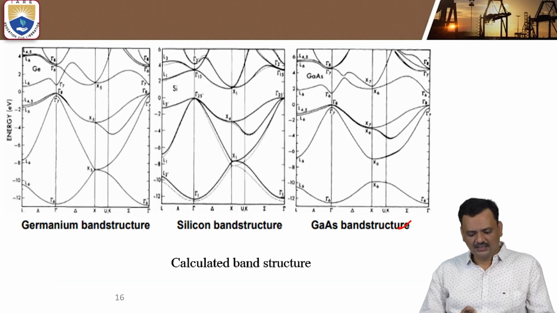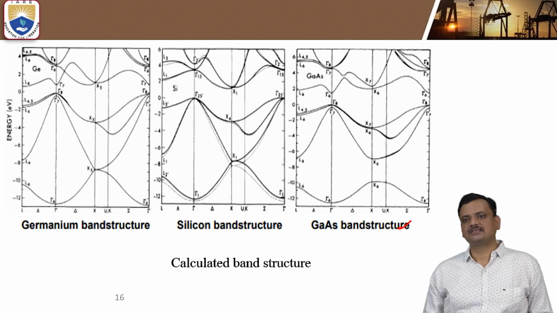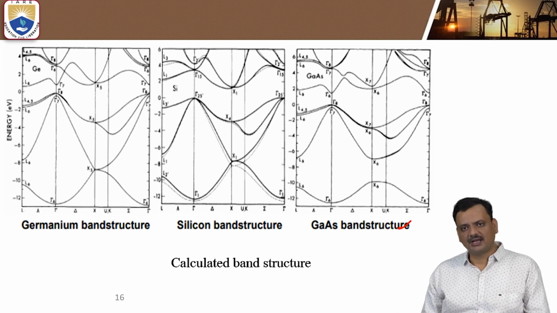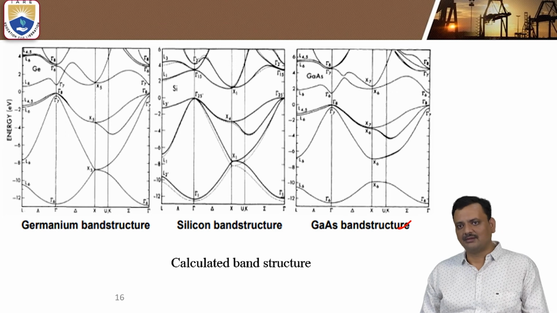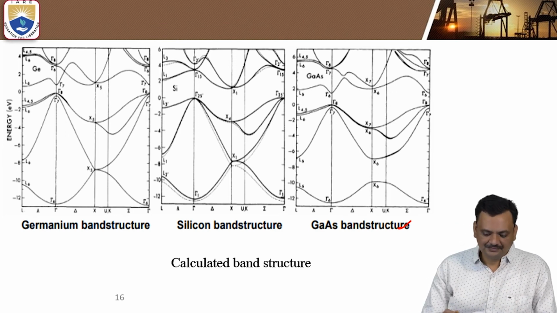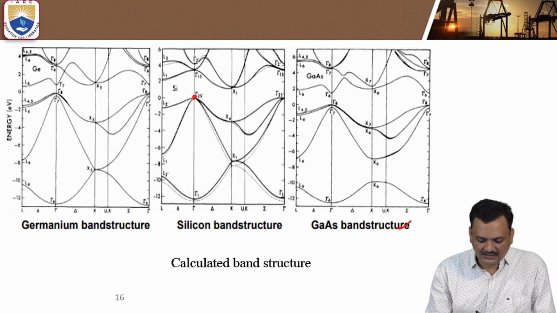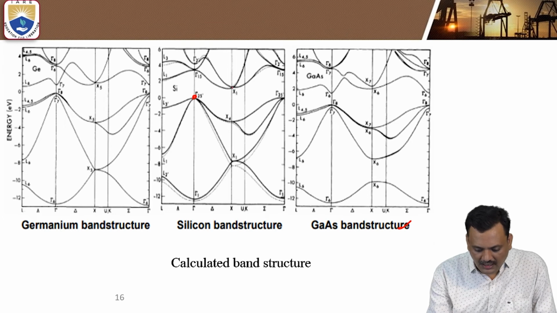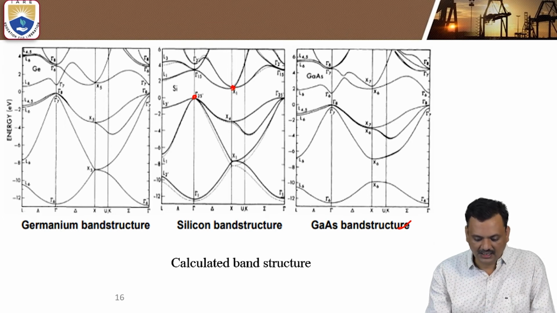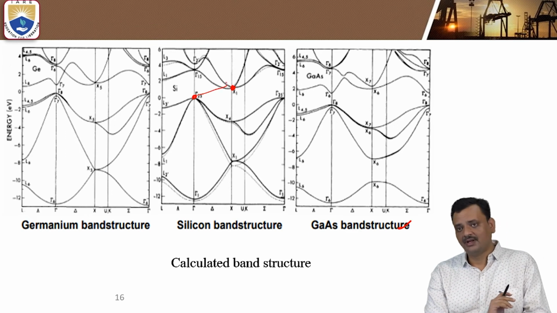So here I am giving the example of calculated band structure of some semiconductors known as germanium or silicon or gallium arsenide. From here you can see the silicon band structure. The top of the valence band is here, but the bottom of the conduction band is here. Means this is the indirect nature of band gap.